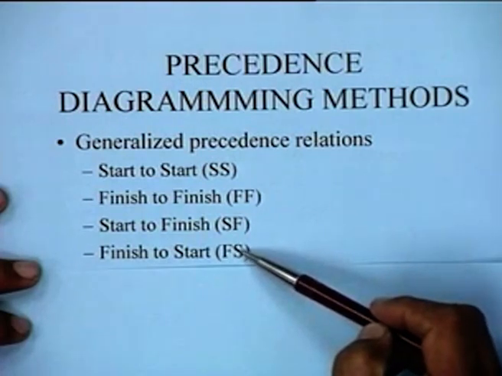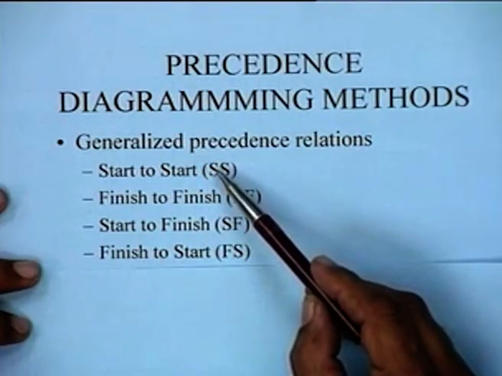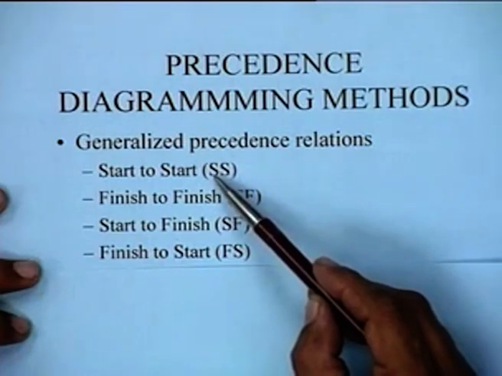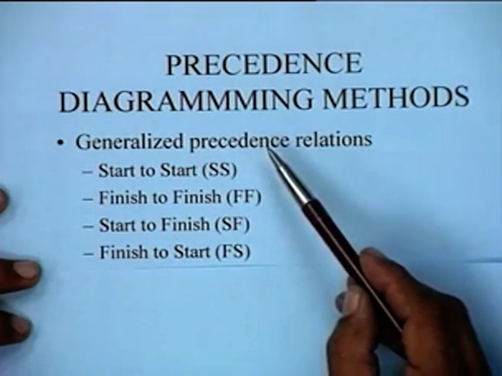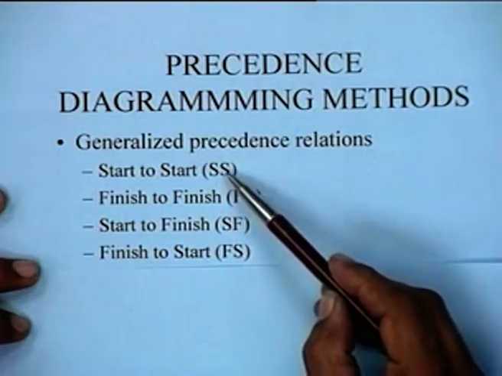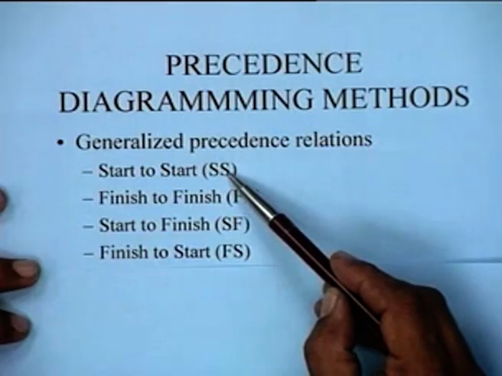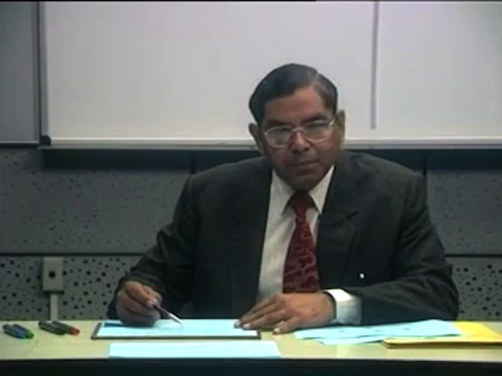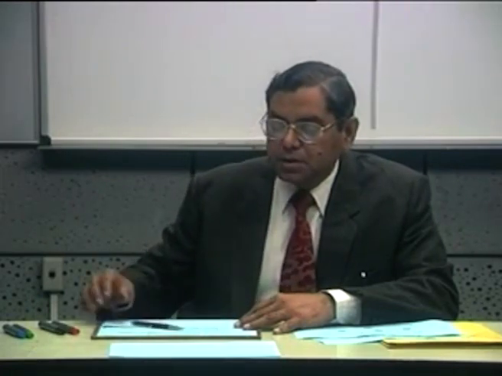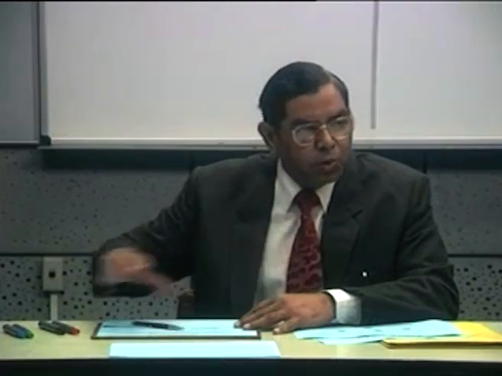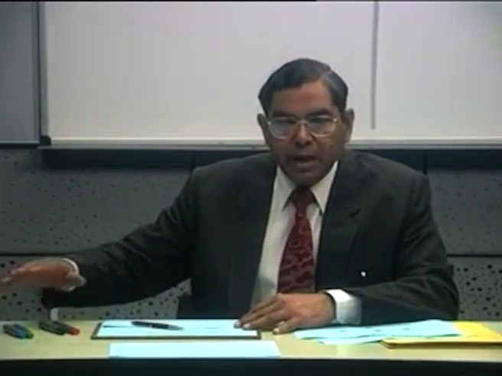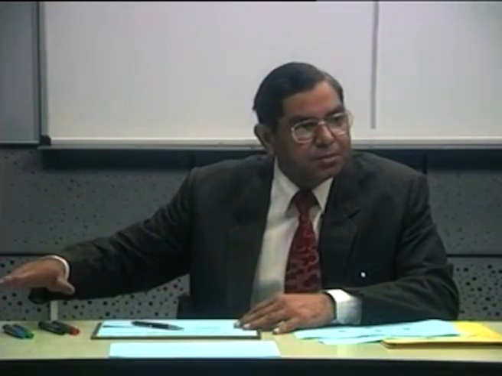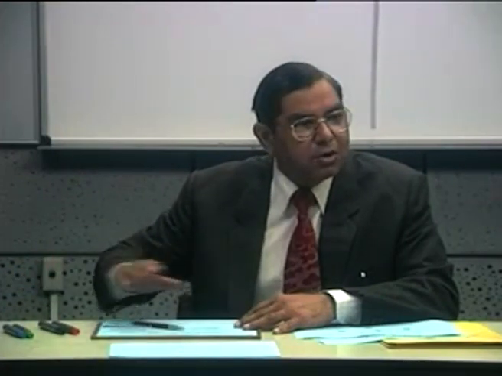You see, there are only two possibilities. You are constraining in start to start. After an activity starts, some minimum time after that, you might want to start the next activity, but you might not wait for the finish of that activity. Imagine, for instance, that you are plastering a large piece of road, and you would probably like to lay all the concrete first and then do the plastering once the concrete is over.